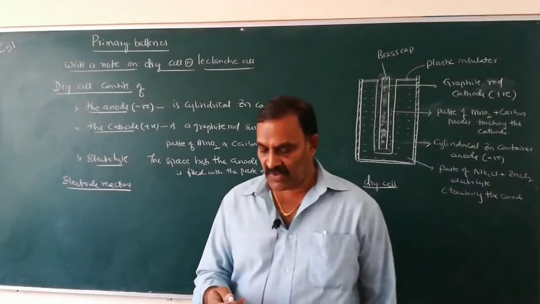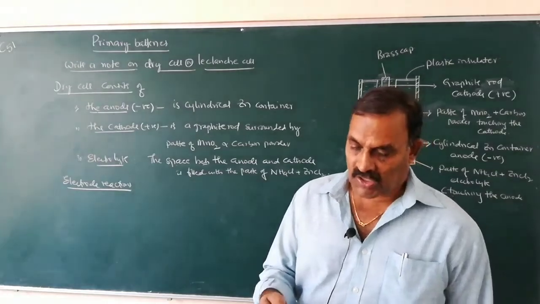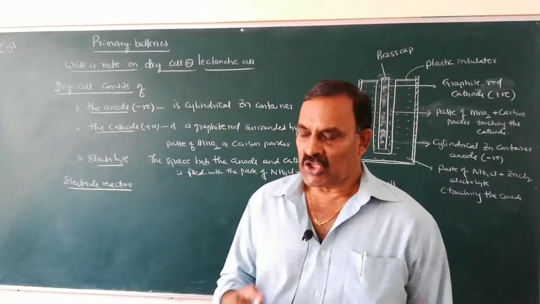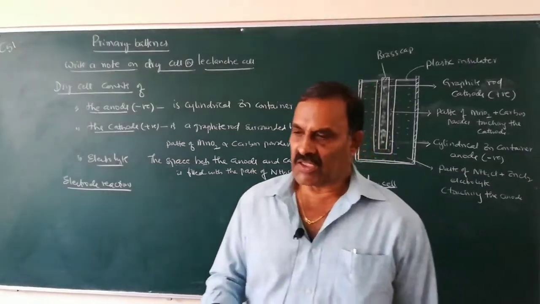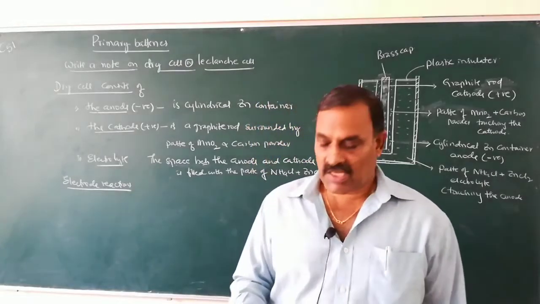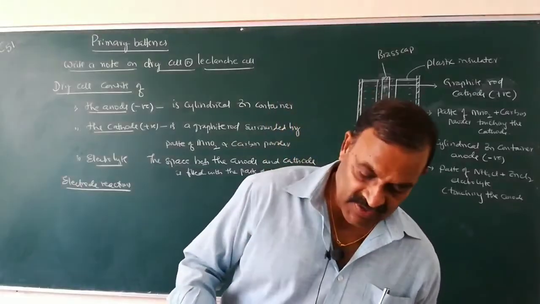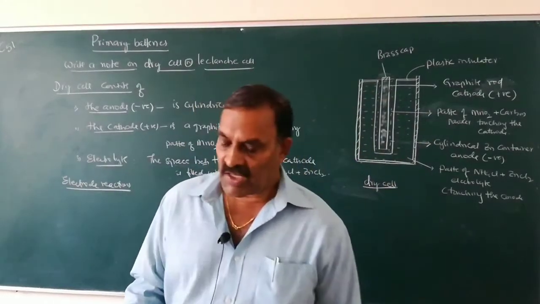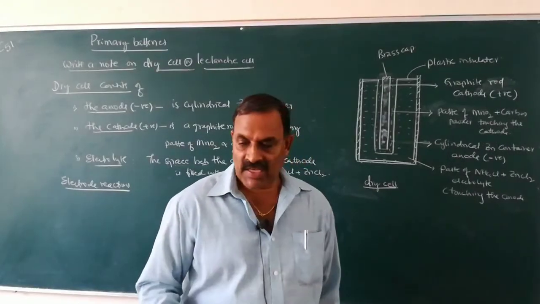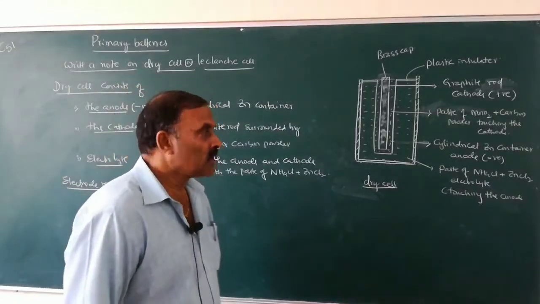Examples: lead acid batteries or lead storage batteries, which are used in automobiles, trains, inverters, UPS, etc. Nickel cadmium cell is also a secondary battery which can be recharged. So today we will study in detail some of the primary and secondary batteries.